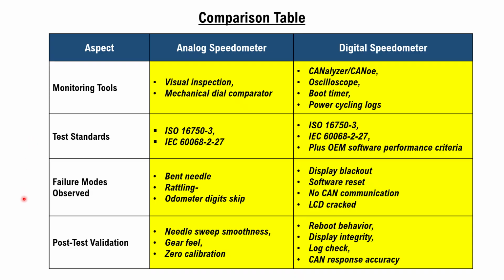Failure modes observed in case of analog speedometers, it could be bent needle, rattling, and odometer digit skip. And in case of digital speedometer, display blackout, software reset, no CAN communication, and LCD cracked.